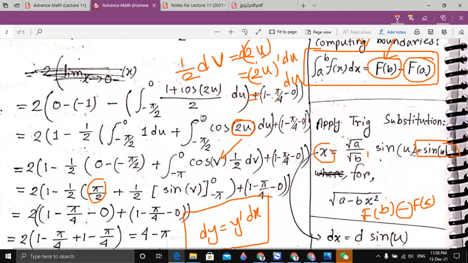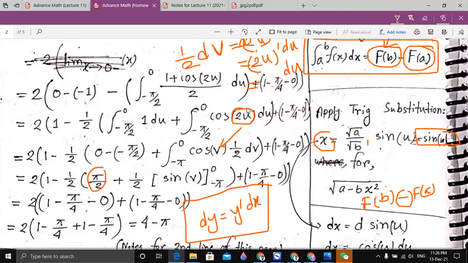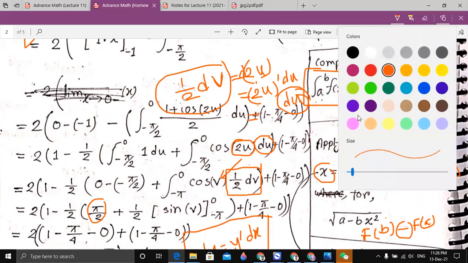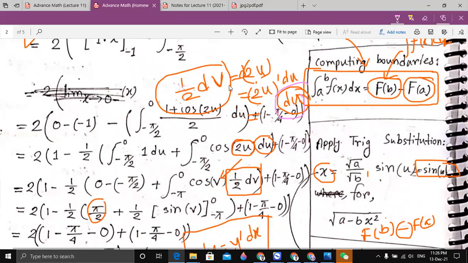So for du, we can write down 1 by 2 dv. You see here, for du, we can write down 1 by 2 dv, right?